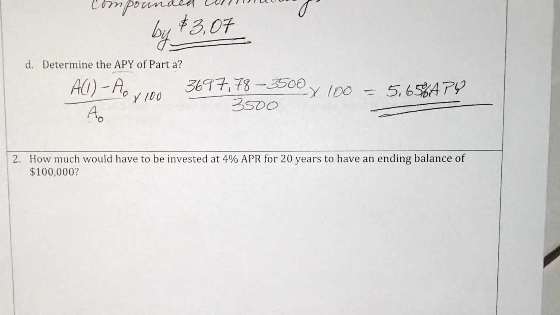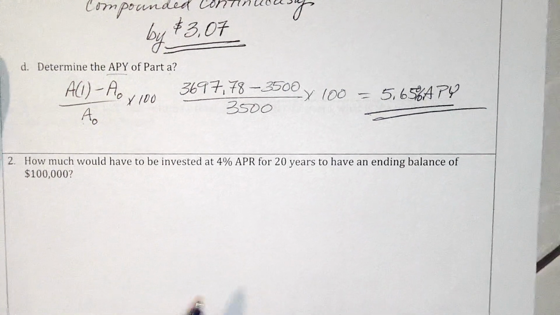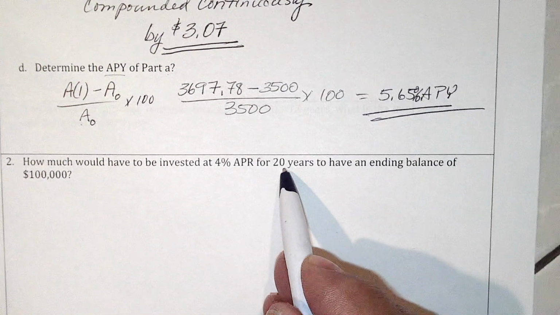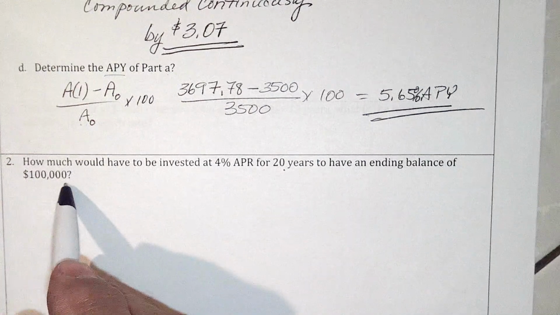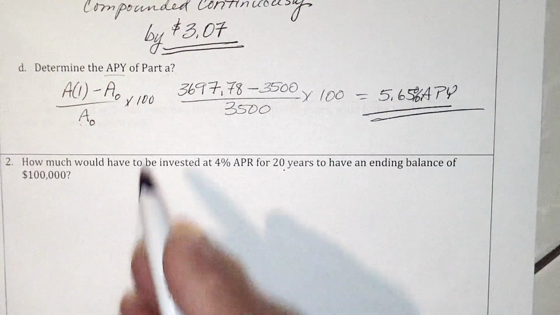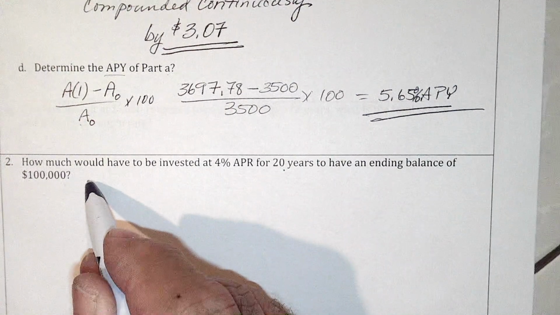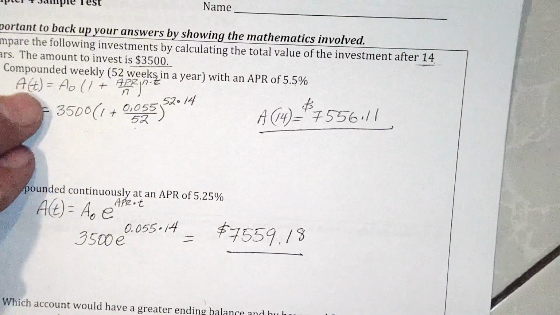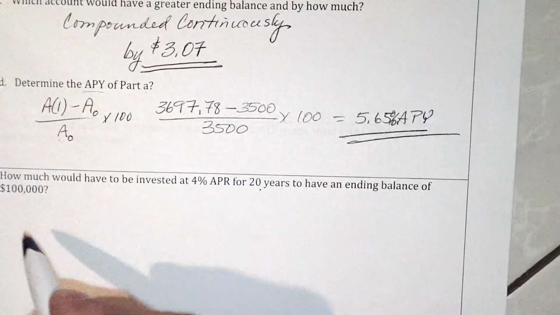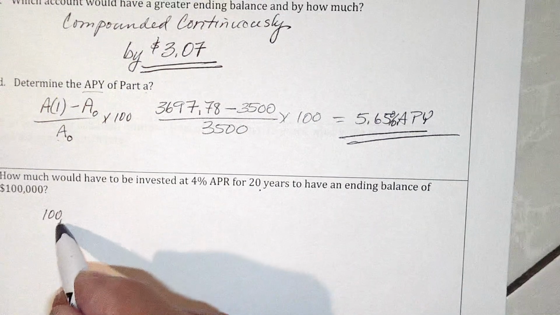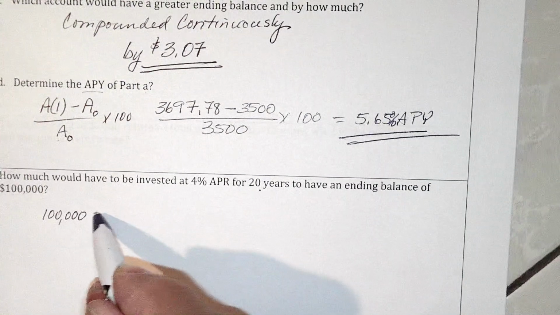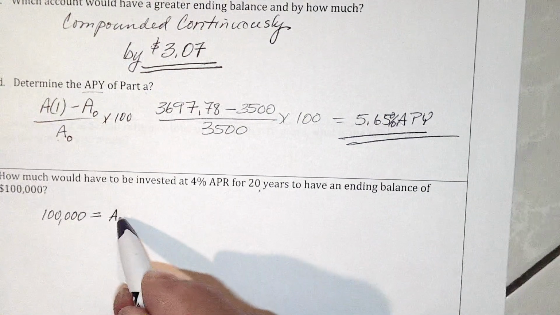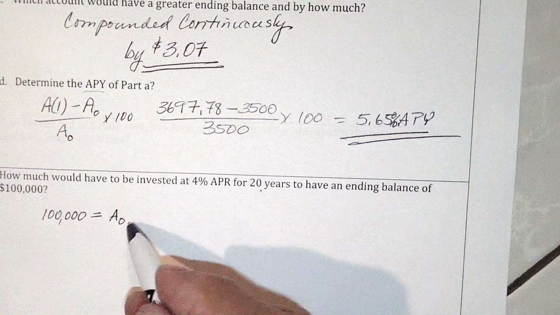How much would have to be invested at 4% APR for 20 years to have an ending balance of 100,000? So the ending balance, A of T, is 100,000, and we're trying to figure out how much to start with.